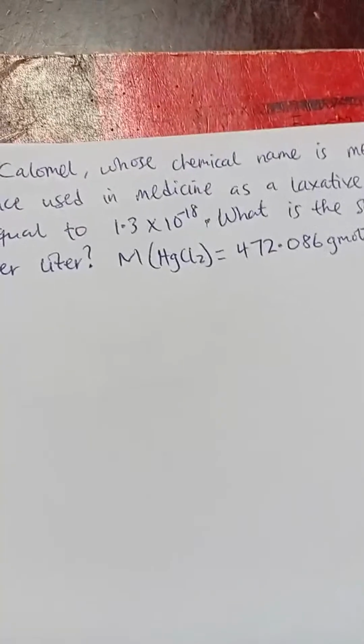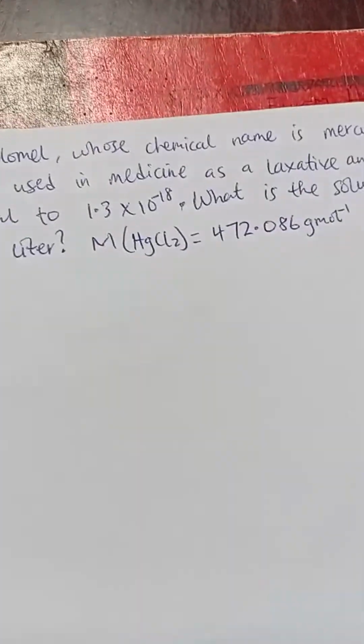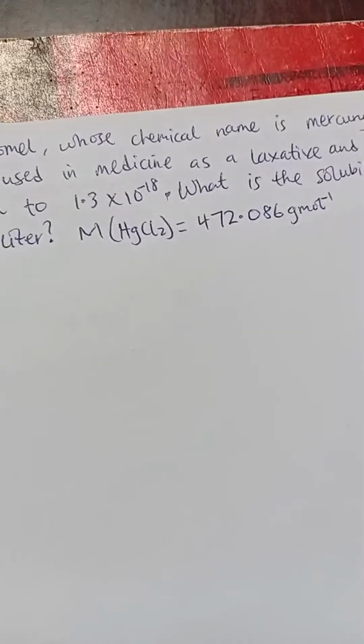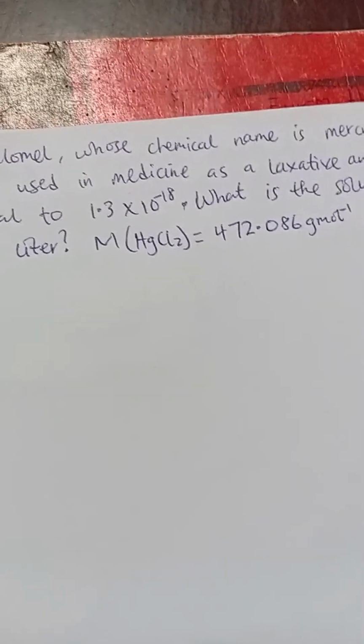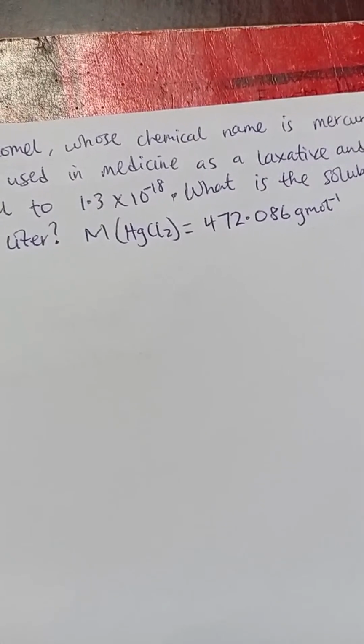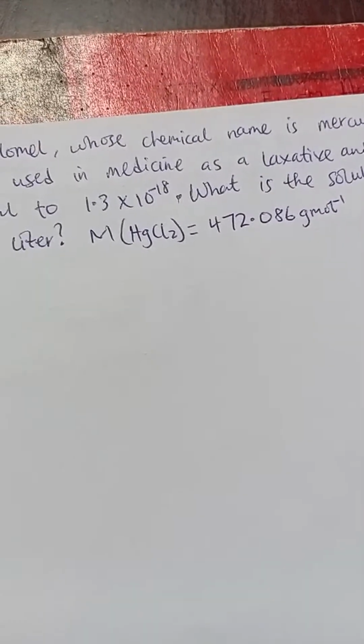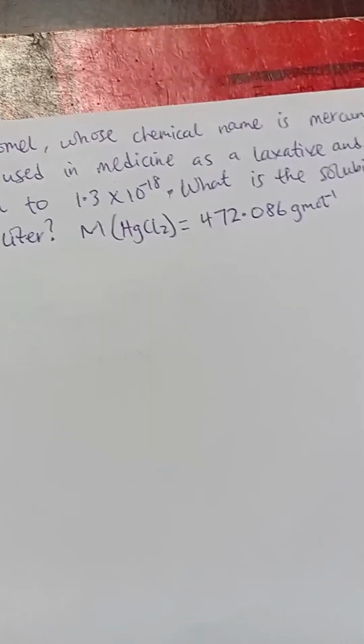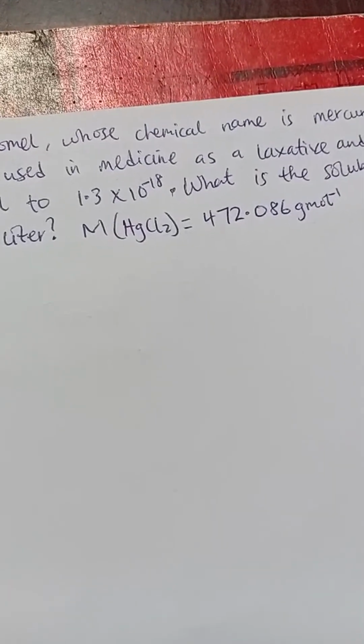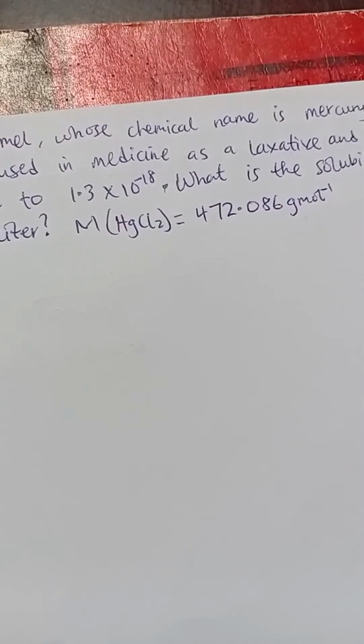So since we are given the KSP, you can go ahead and easily find the solubility, which is in mole per liter. And then since you know the relationship between molarity and mass concentration, you can multiply your solubility by molar mass to get your mass concentration. That's the solubility in gram per liter.